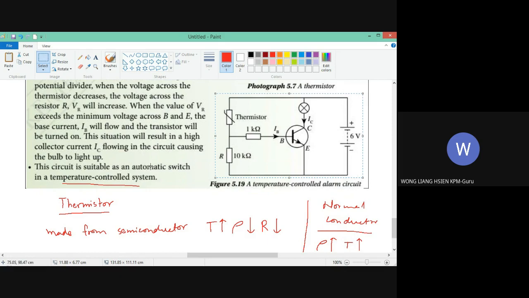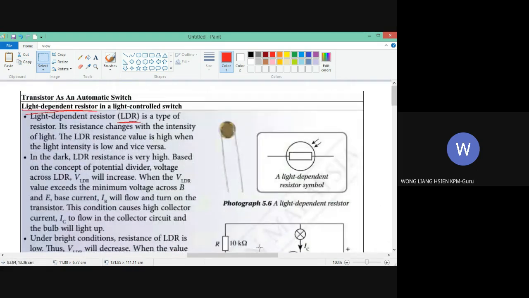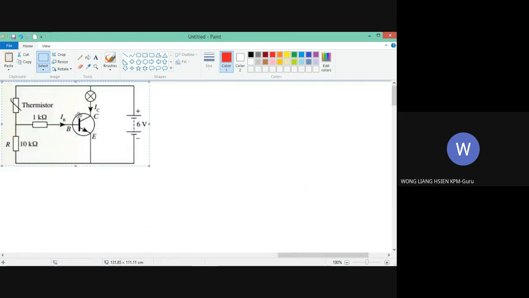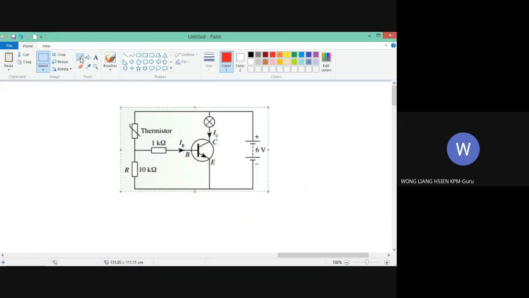Here it says that an automatic switch is a temperature control system. So one of the most simple examples is a fire alarm. So let's say when there is no fire, that means the temperature is low.